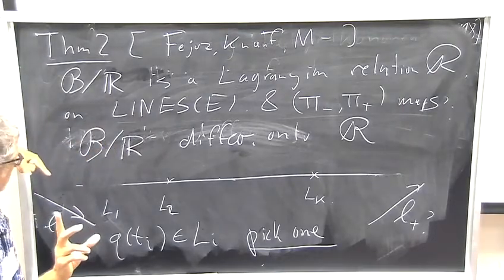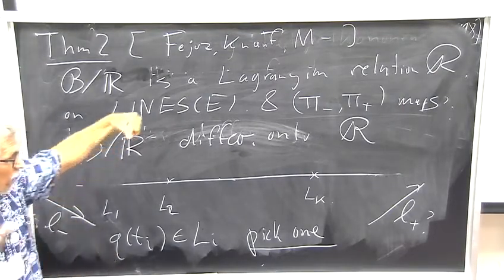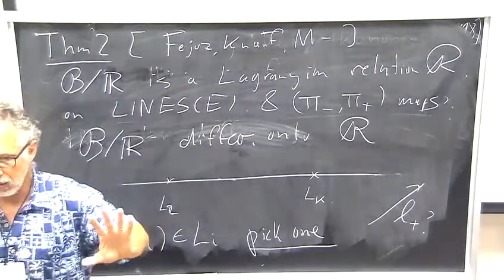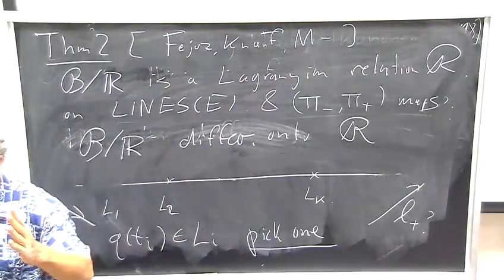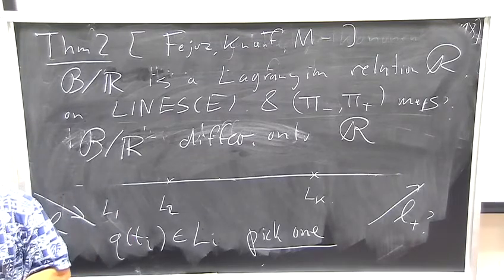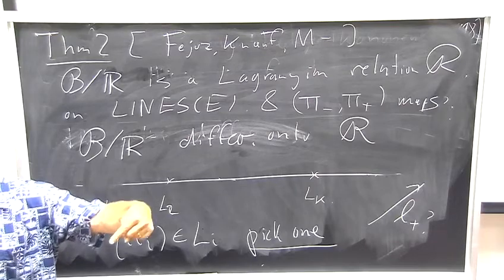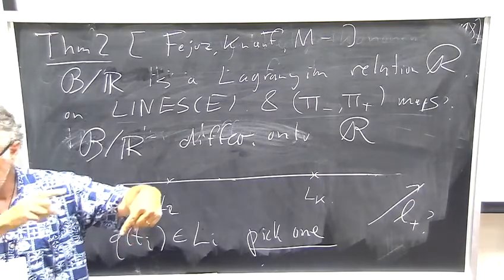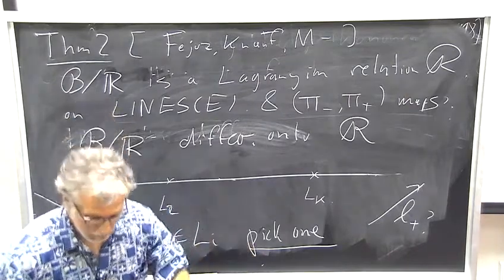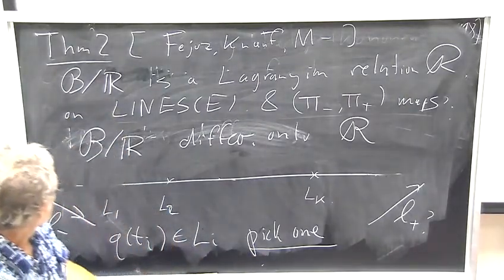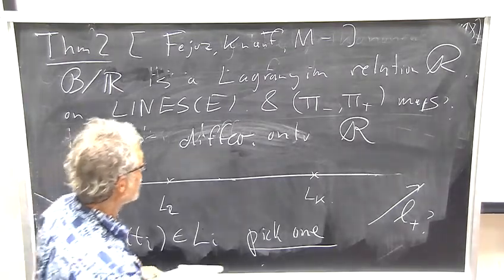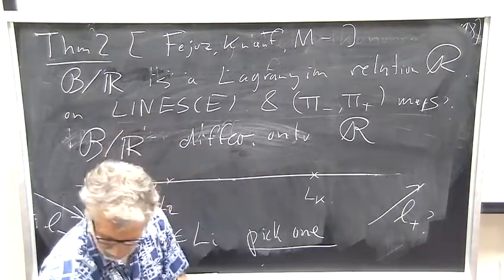The second part of the theorem says, if I know the incoming line and the outgoing line, I in fact know the whole trajectory up to time translation. Remember, that's assuming you fixed the itinerary. So it's uniquely determined.